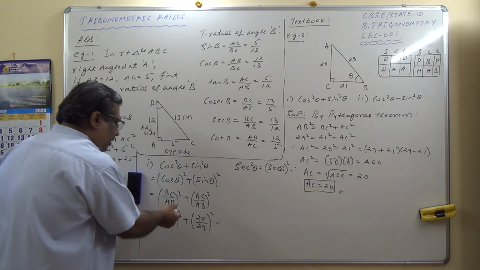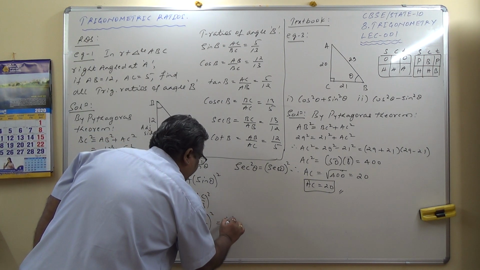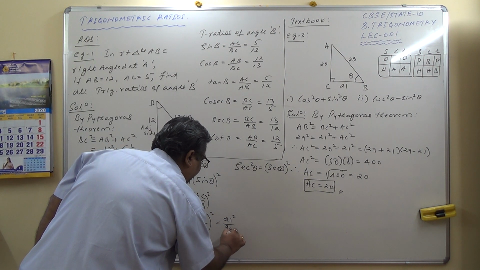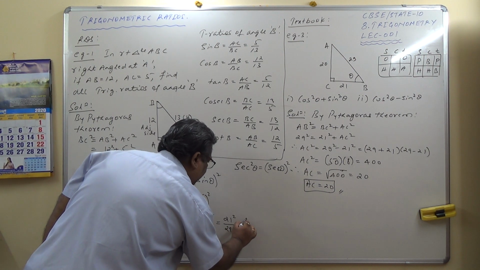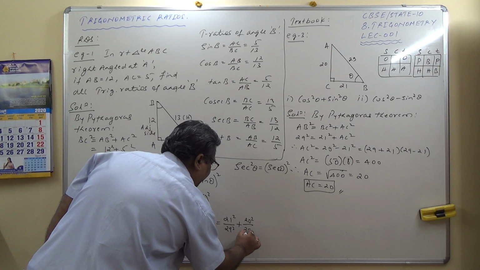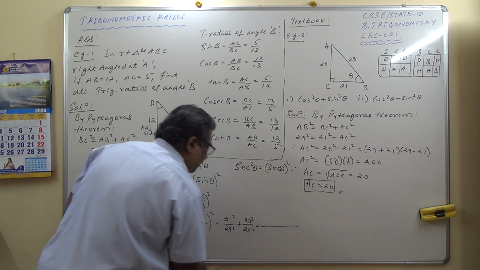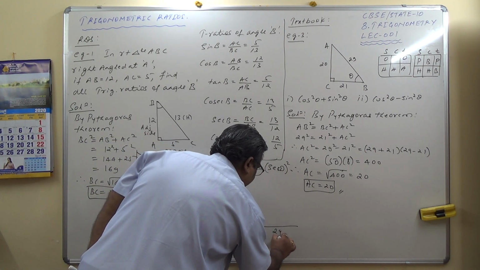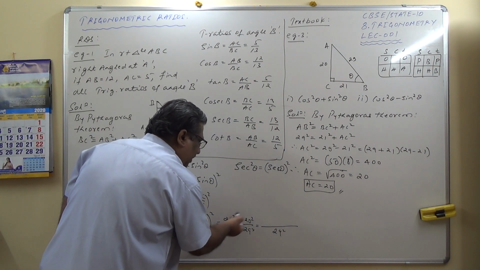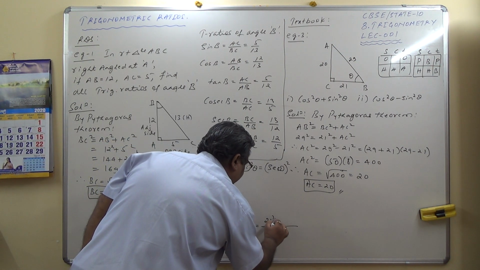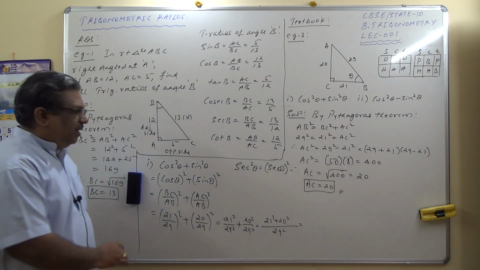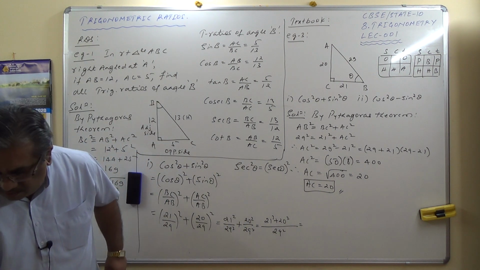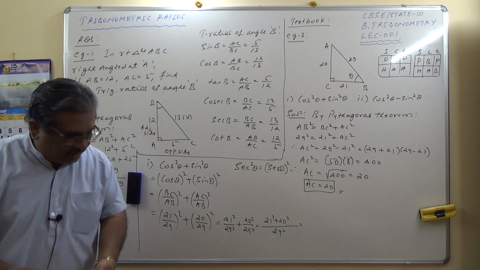Which equals 21 square divided by 29 square plus 20 square by 29 square, which equals 21 square plus 20 square over 29 square. We'll try to solve this one now.